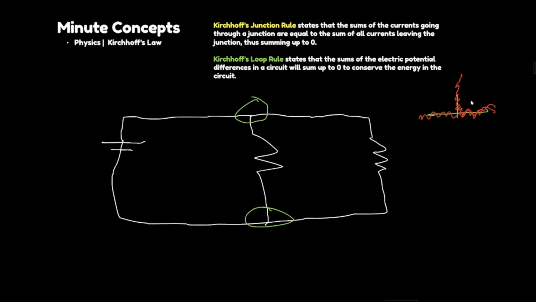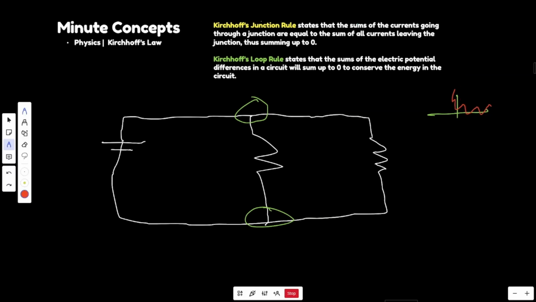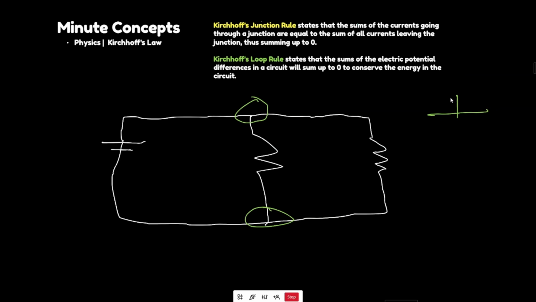Because once the current leaves, let's say it's gone already, then the amount of current that's in the junction is going to be zero. And the sum of them, they cancel each other out, because the ones that went in, they went out, so they sum up to zero. And that's Kirchhoff's junction rule.